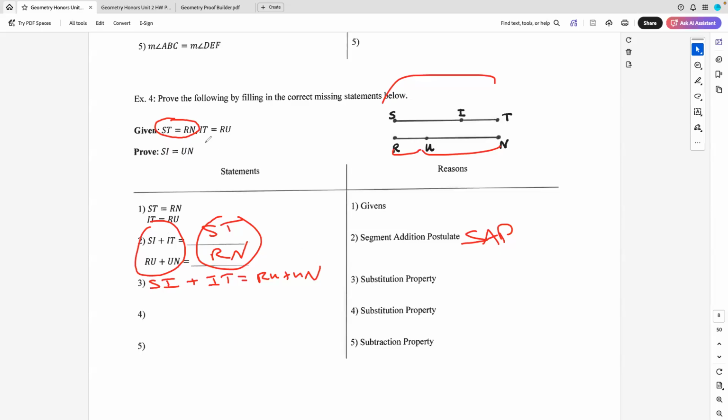And since you already know IT equals RU, if IT equals RU, then I could just replace this with, let's do a different color so it stands out. I could replace this RU with IT. Let's get another substitution. And then because these are identical, what happens?